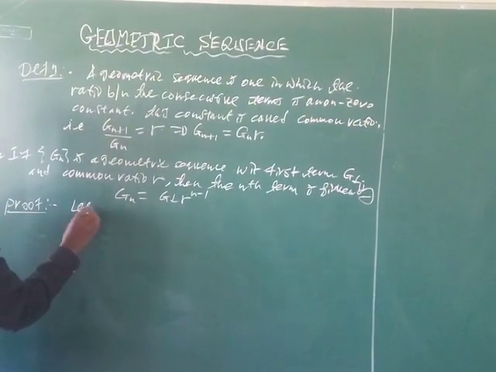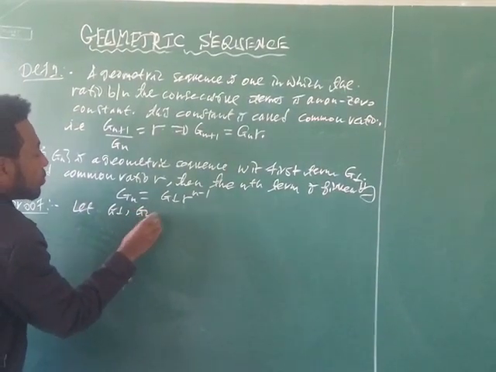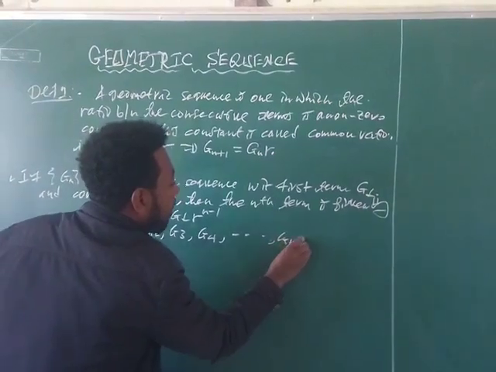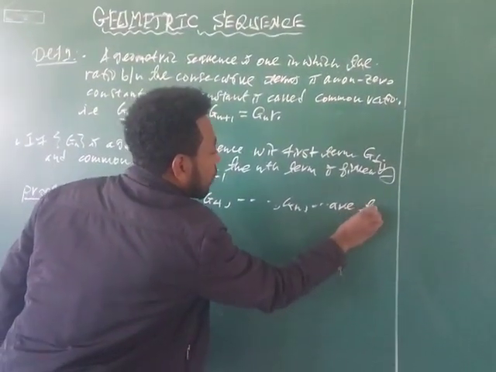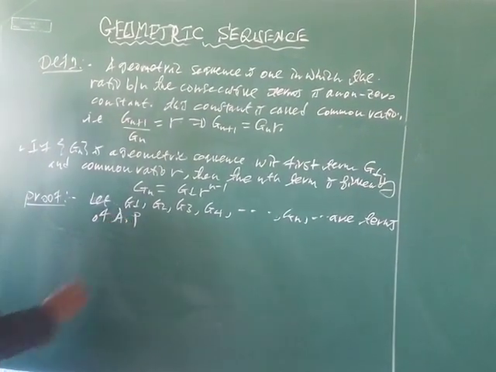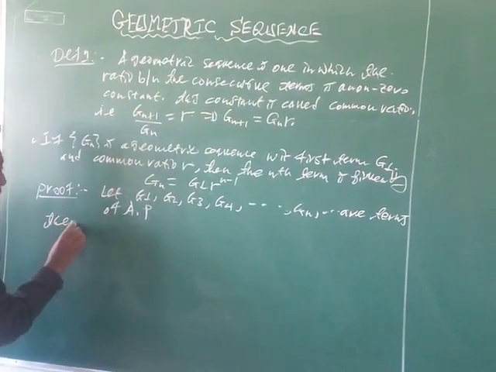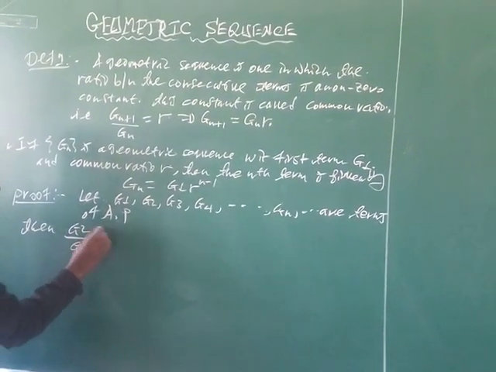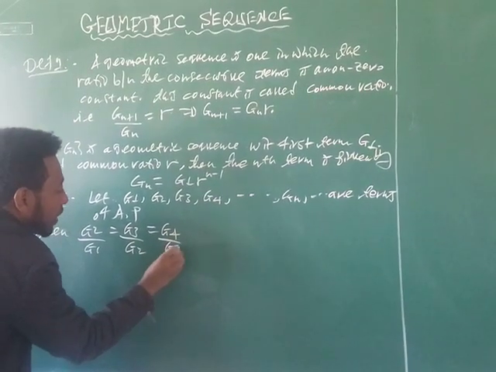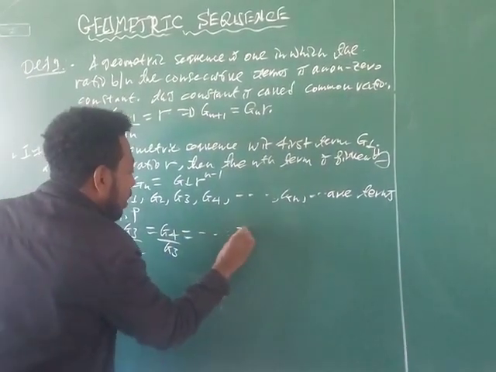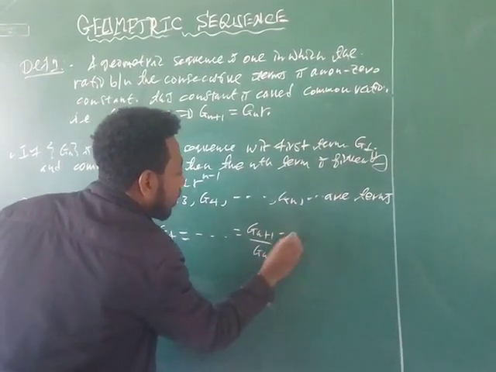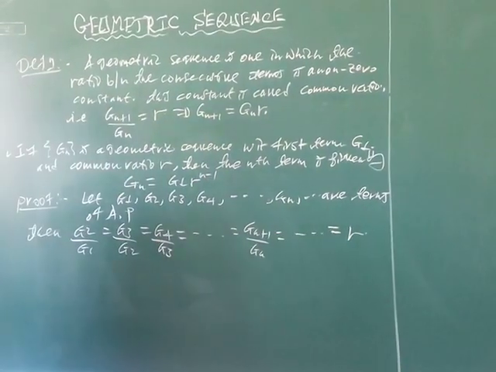Consider or let g1, g2, g3, g4, g(n) be terms of a geometric sequence. Then we obtain that g2 over g1, g3 over g2, g4 over g3, up to g(n+1) over g(n), is equal to our common ratio r.